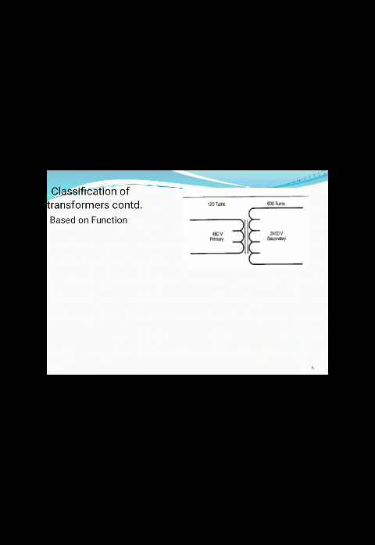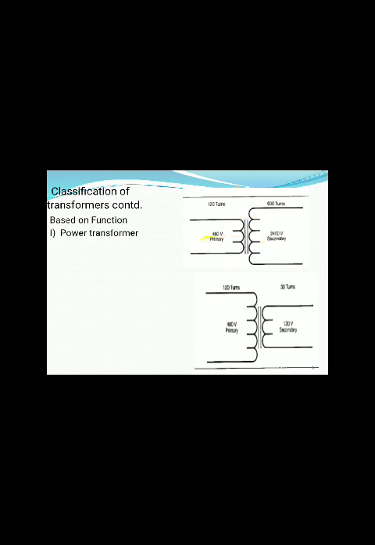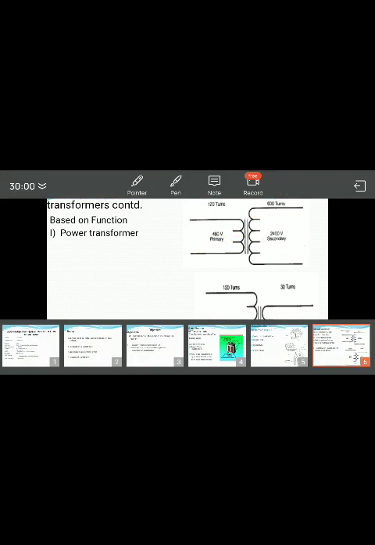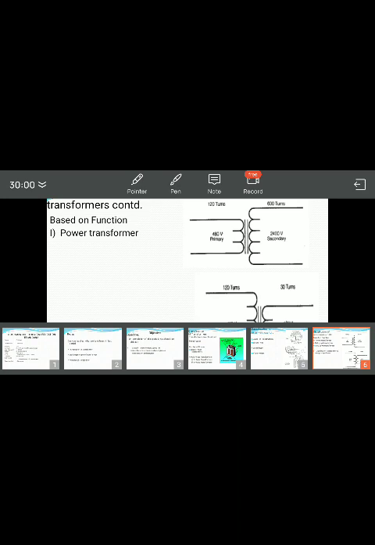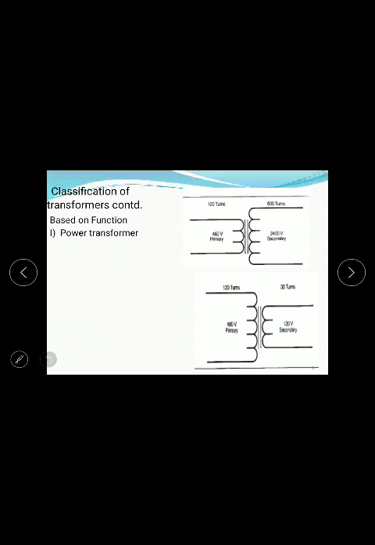Next, the classification based on functions, that means step up and step down. Here in this case, this is 480 volts and this is 2400 volts.